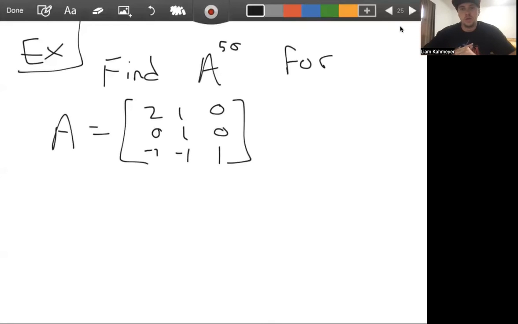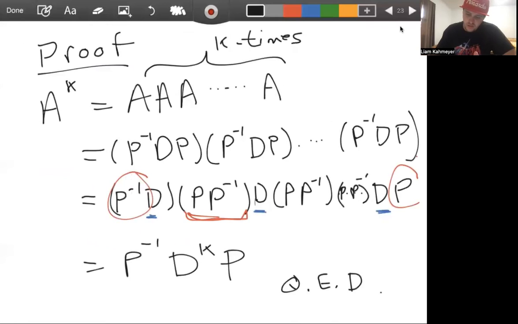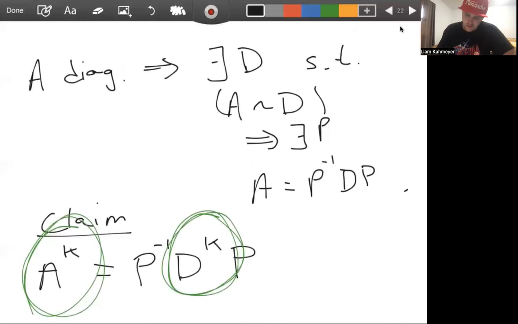So how do we find A to the 50th? Well, we find it by utilizing the claim that we've just proven.